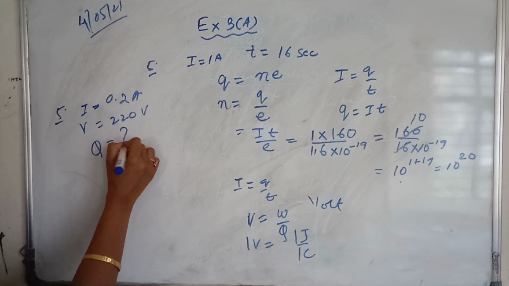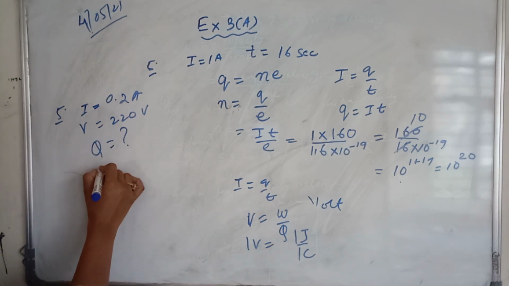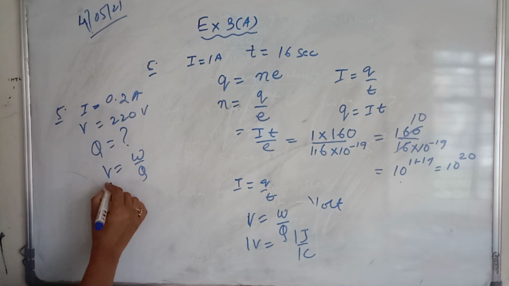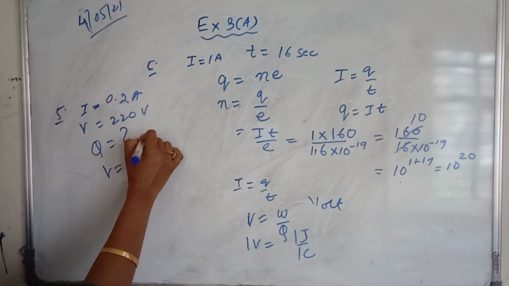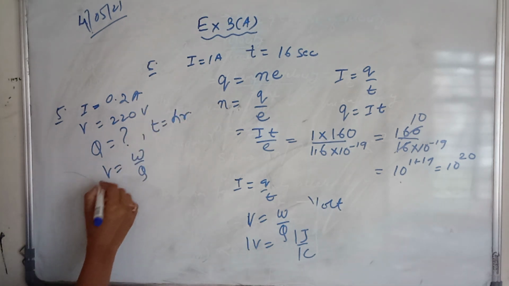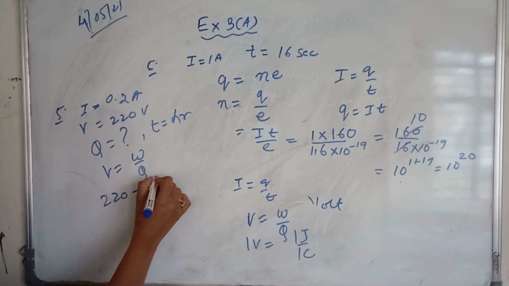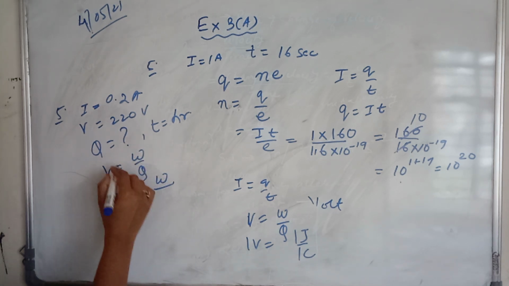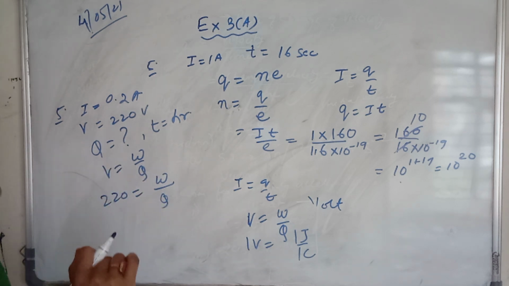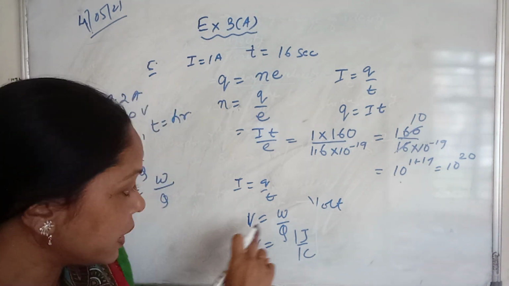You have to find Q. So, use the formula V is equal to W by Q. Here T is given as 1 hour. V is equal to 220, Q you have to find, and W we can find by using this one.